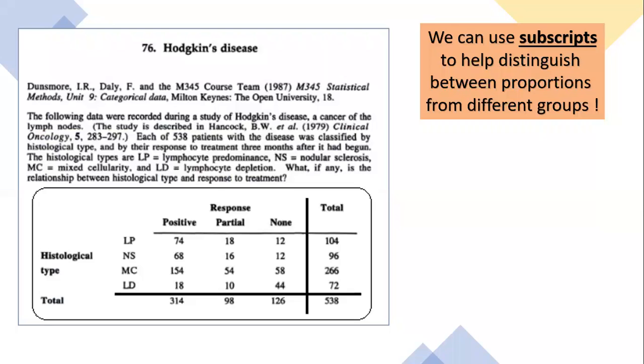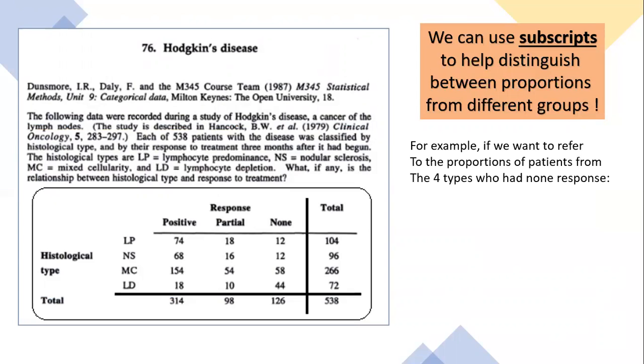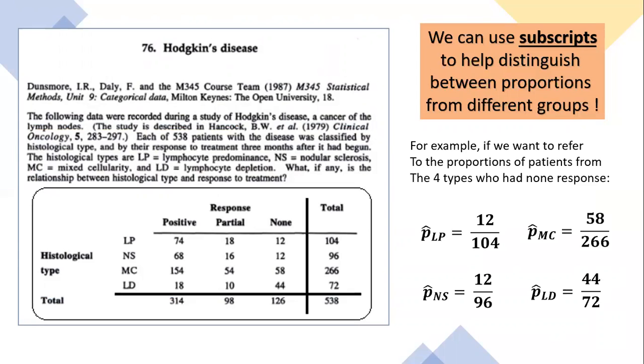Remember here that we had 4 subgroups corresponding to the different histological types. Suppose that we were wanting to refer to the proportions of patients from each of the 4 types who had no response to treatment. If we wanted to do that, we could use the following symbolism.